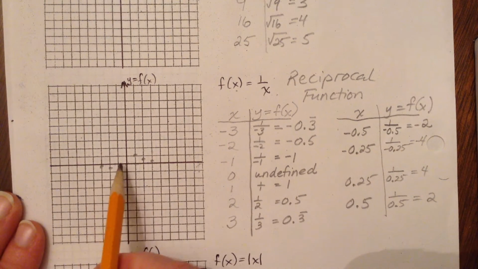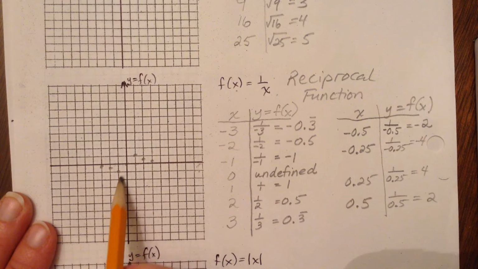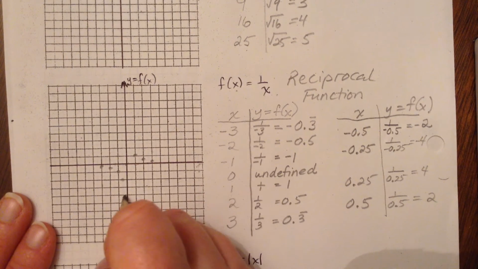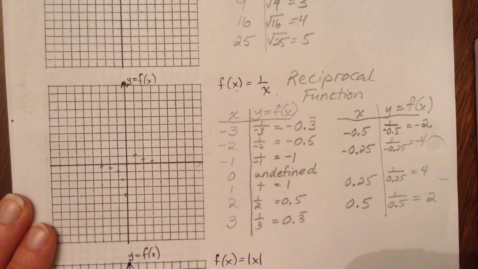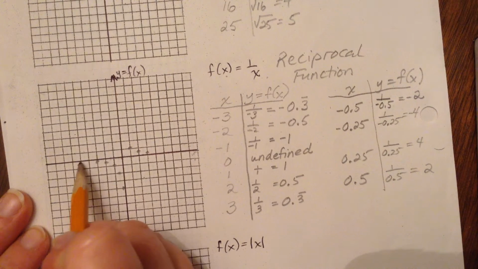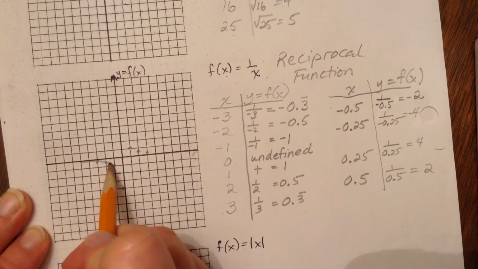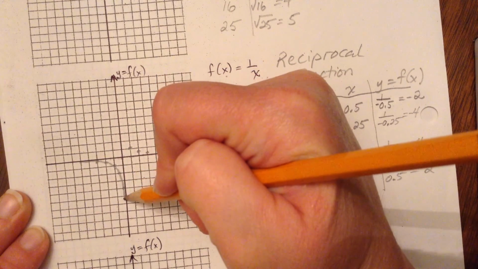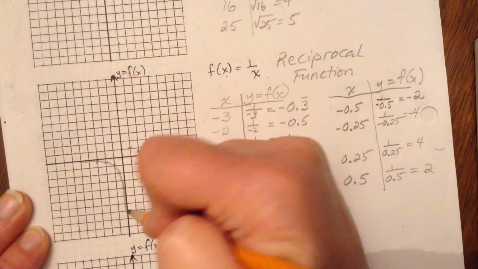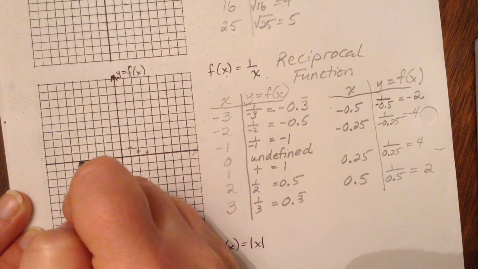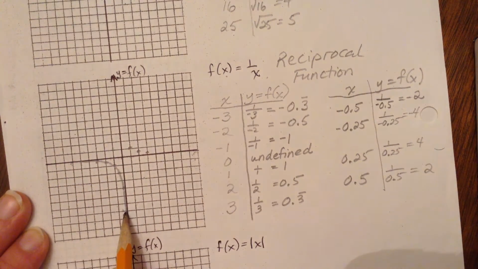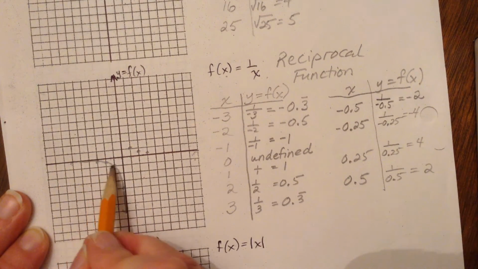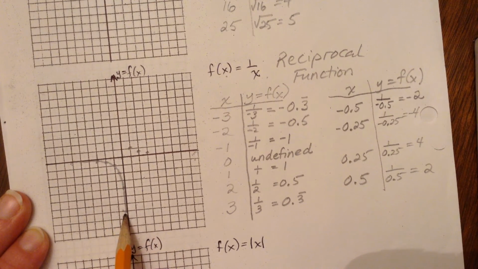So at negative 0.5, the result is negative 2. At negative 0.25, which is even closer to the y-axis, the result is negative 4. So we can see that this curve is heading downward, approaching the y-axis, but it's never actually going to touch it. And we get a feature here called an asymptote, where we see the graph approaches this line but never quite reaches it.